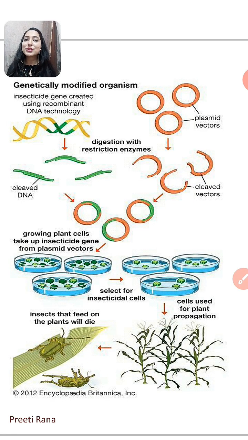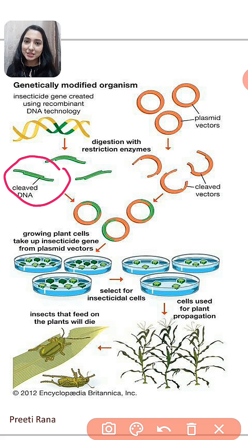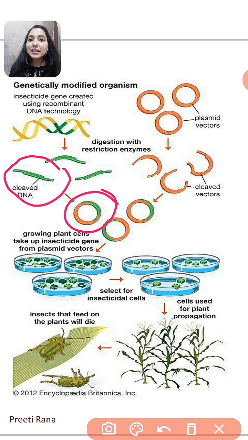This diagram shows the production of genetically modified pest-resistant plants. The insecticidal gene is created by recombinant DNA technology. For this, the gene encoding the toxin protein is cleaved from Bacillus thuringiensis, which will then be joined with the vector using the ligase enzyme, and that recombinant DNA will be incorporated into the plant cell, which is taken in the culture medium.